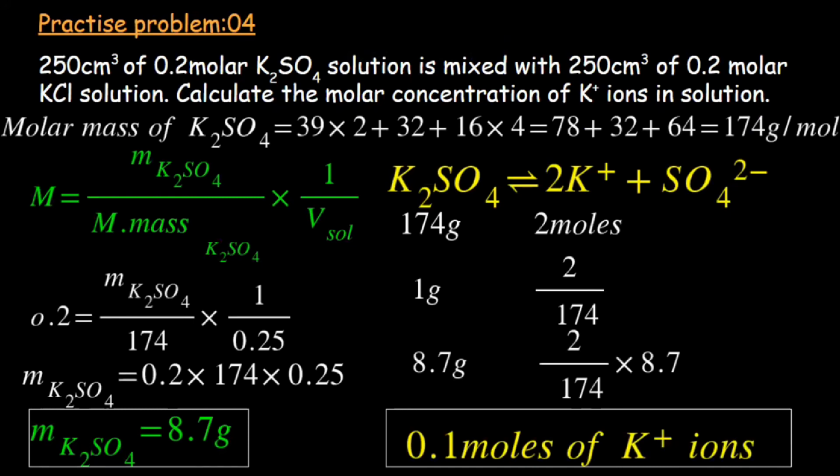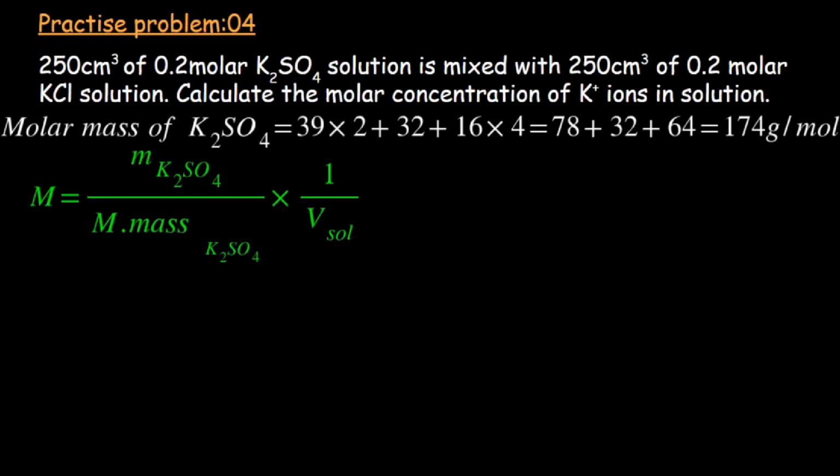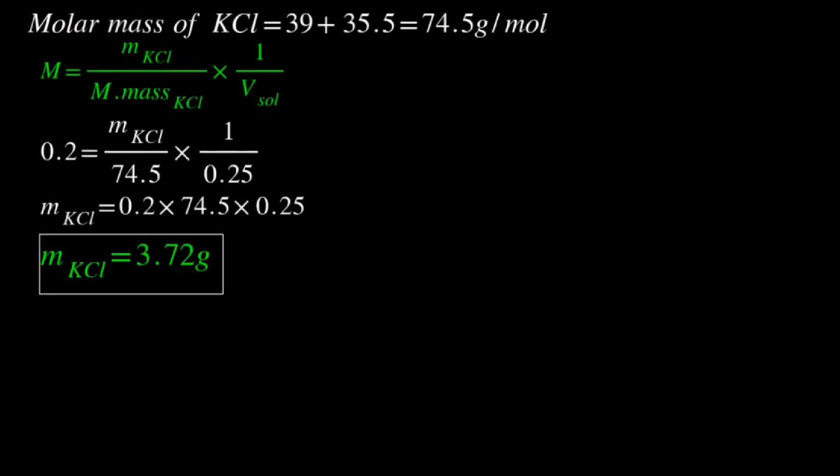Do the same for potassium chloride solution. The molar mass of potassium chloride is 74.5 gram per mole. Use this formula to find the mass of potassium chloride. Put the data, and the calculation will result in 3.7 grams of potassium chloride.